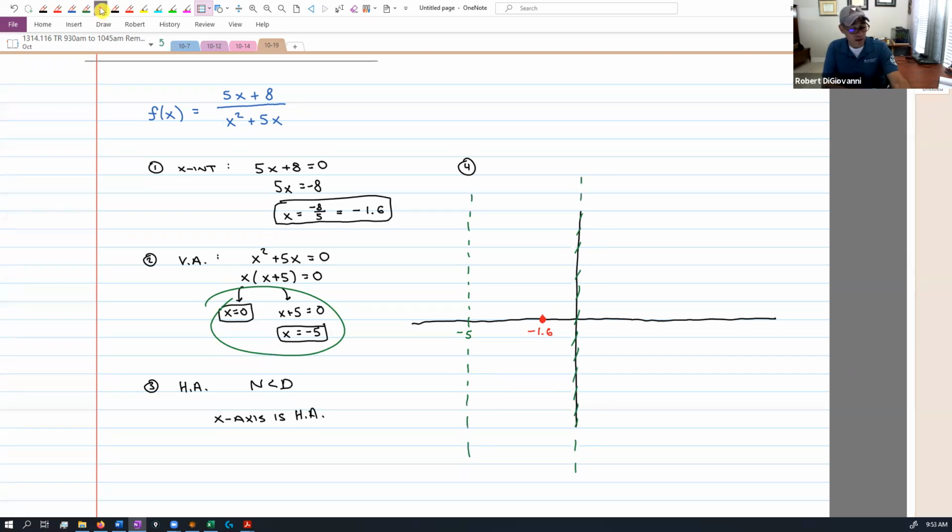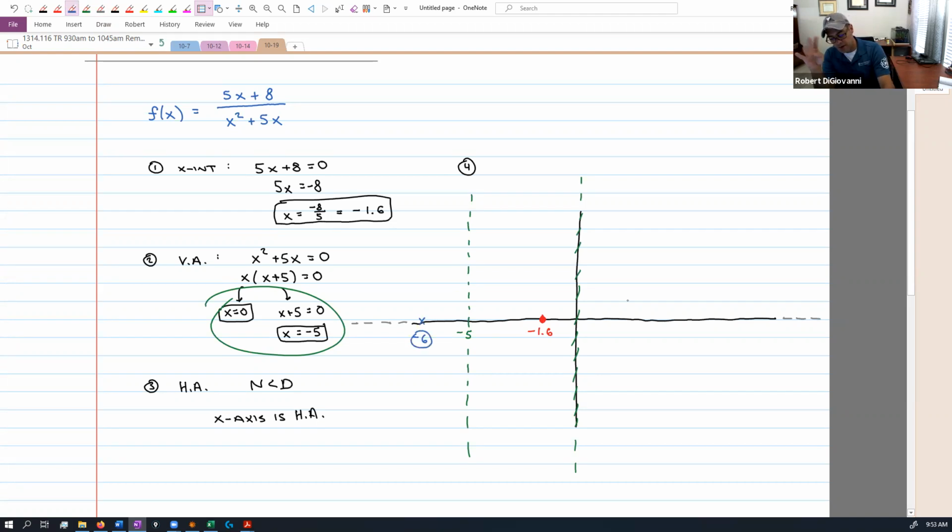And then I have a horizontal asymptote of the x-axis. So I draw out like the same thing we did on the last one. I'm gonna need 4 test points, 1 on each edge. I'll do -6.